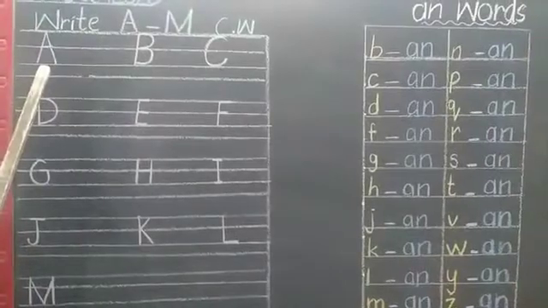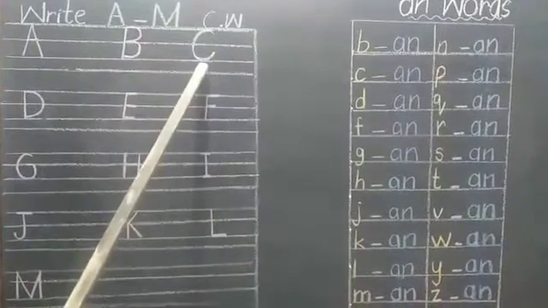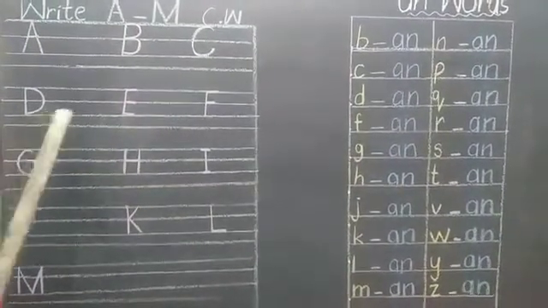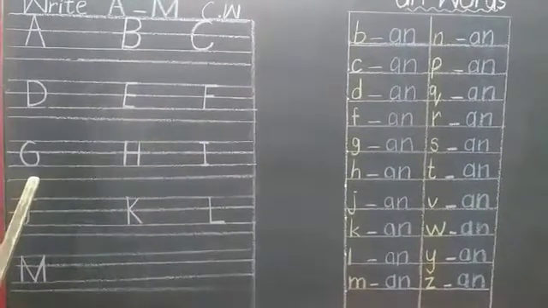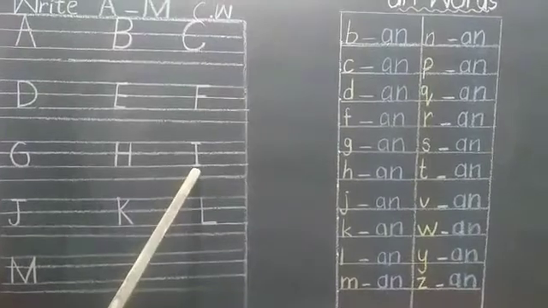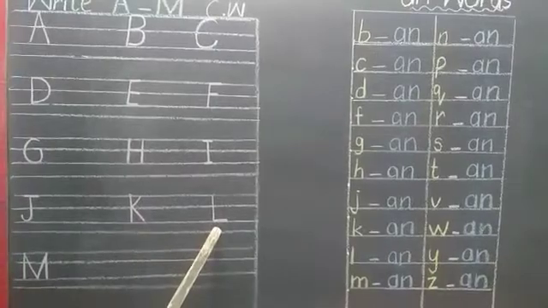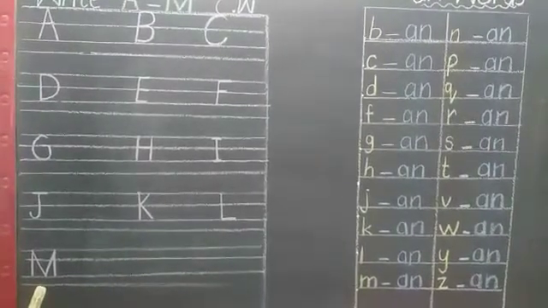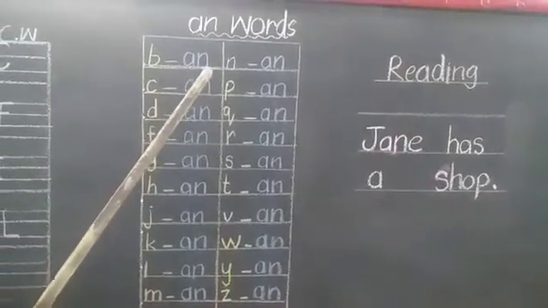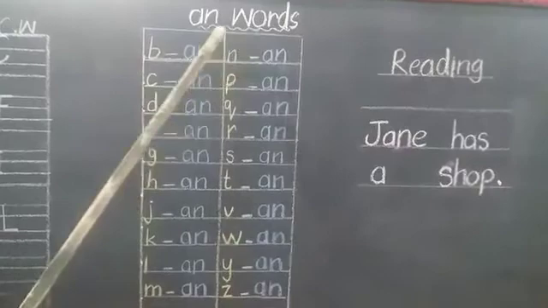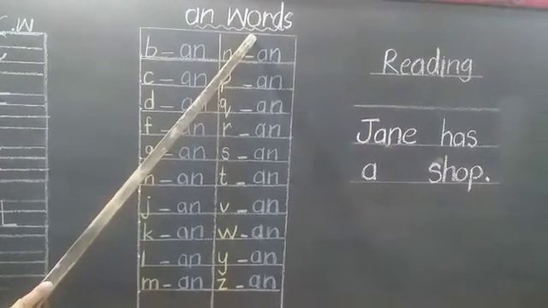Let's start reading their sounds. A, B, C, D, E, F, G, H, I, J, K, L, M. Okay students, let's read with me the "an" words.